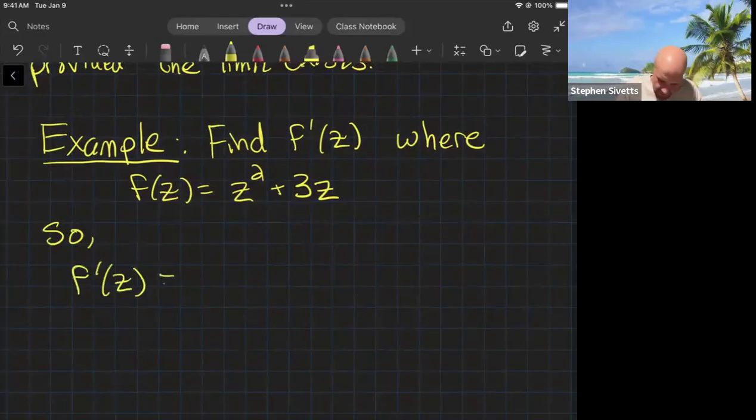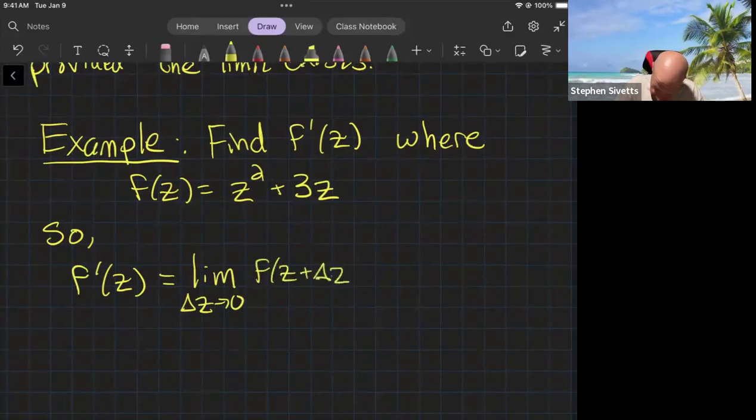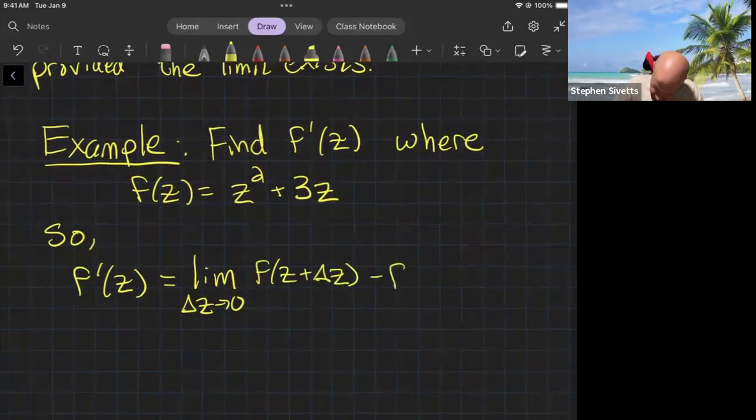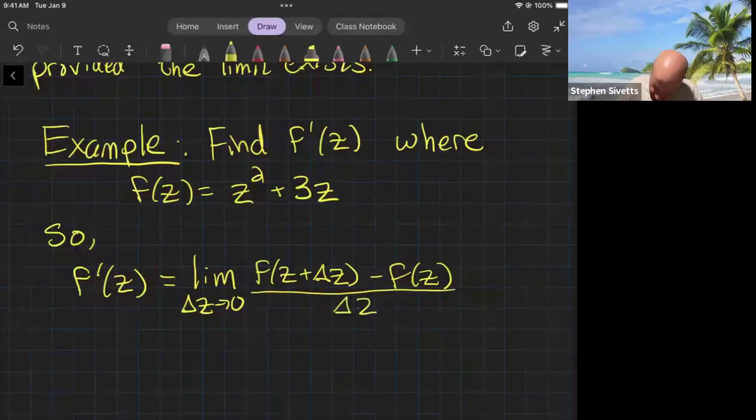So let's see. The limit as delta z goes to 0 of f of z plus delta z minus f of z, divided by delta z.